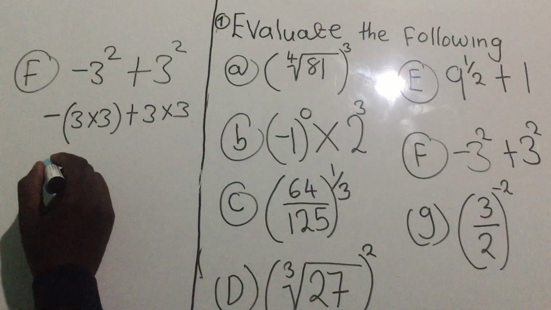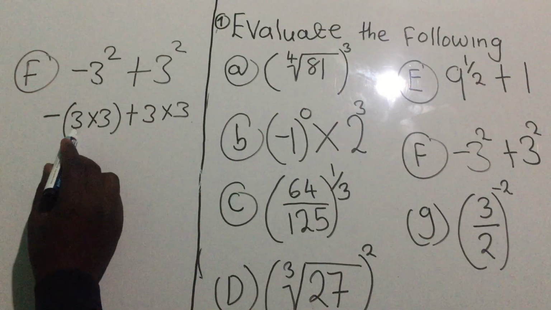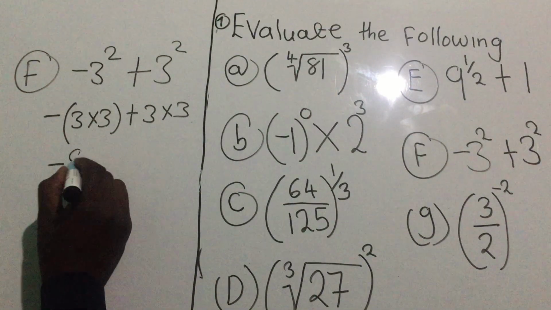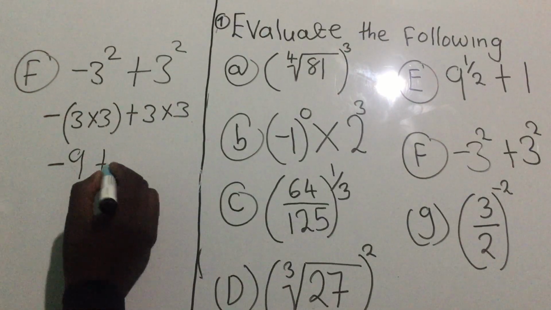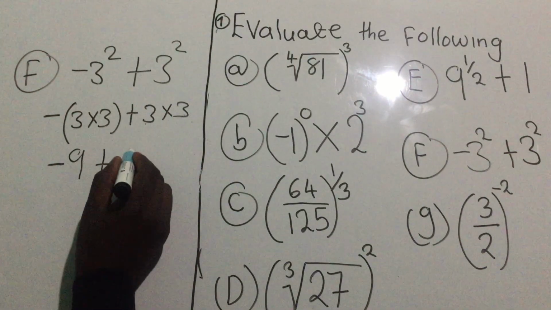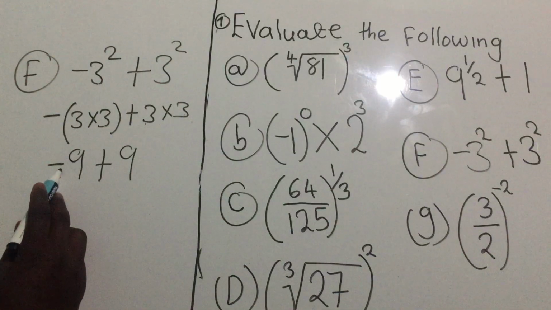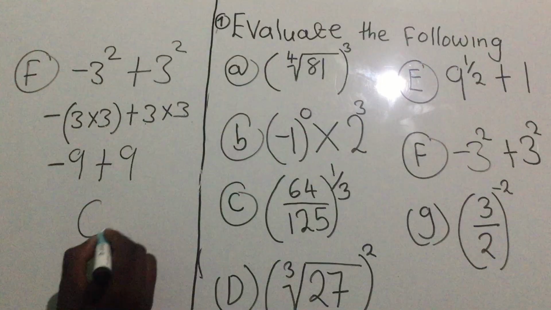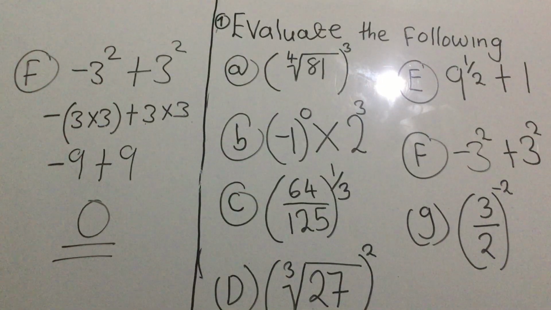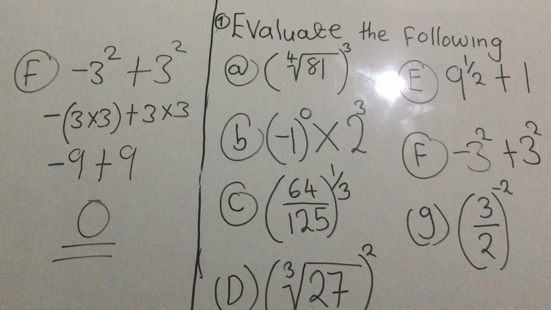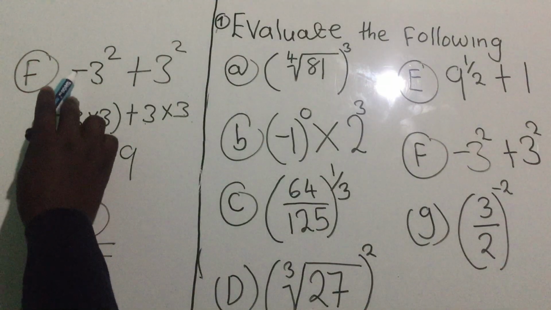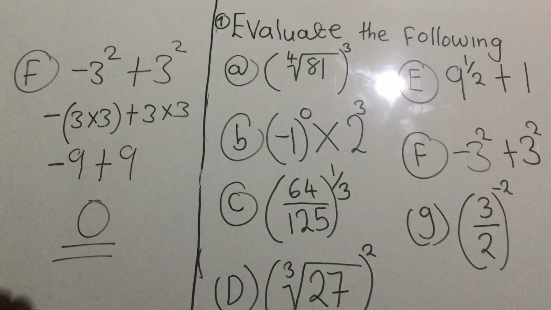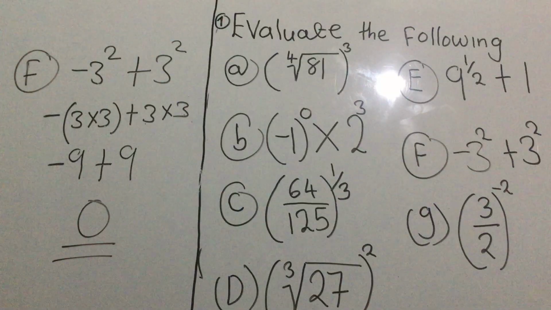So here, you just say negative 3 times 3, it's what? 9. Plus 3 times 3, 9. So negative 9 plus 9, what do you get? You get a 0. So always bear in mind, if the number given is not inside the brackets and it had the negative, just know that the negative is on its own.